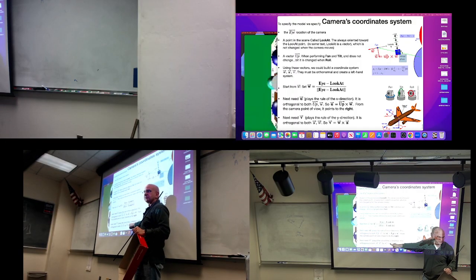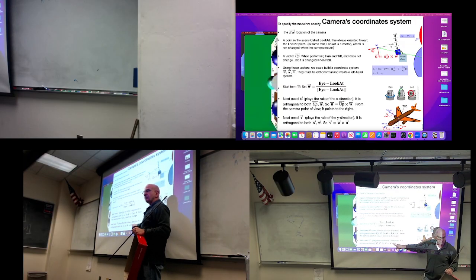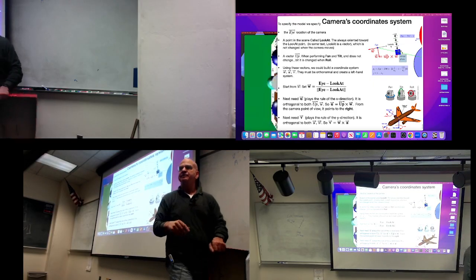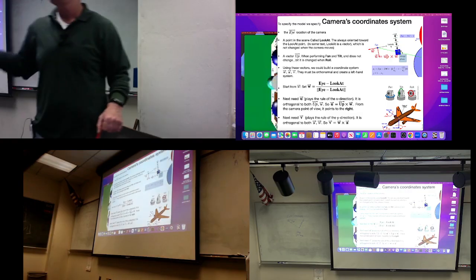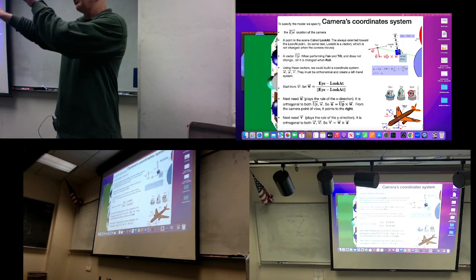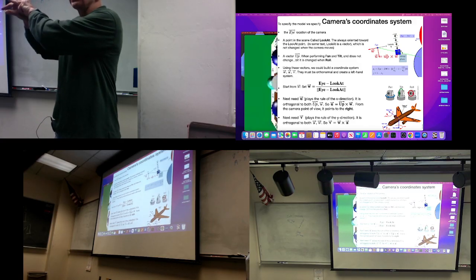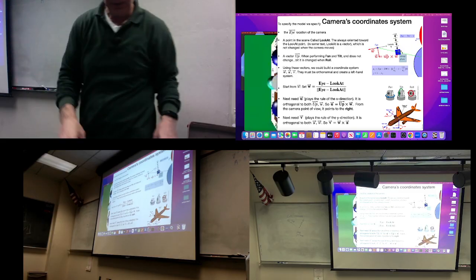Again, cross product, W cross U. So if the camera is at 0, 0, 0, then W is the positive Z, U is the positive X, and going from positive Z to positive X will give you V, which is the positive Y. So UVW corresponds to X, Y, Z. And they are both right-handed coordinate systems, because they should be able to snap to each other exactly after translation and rotation.